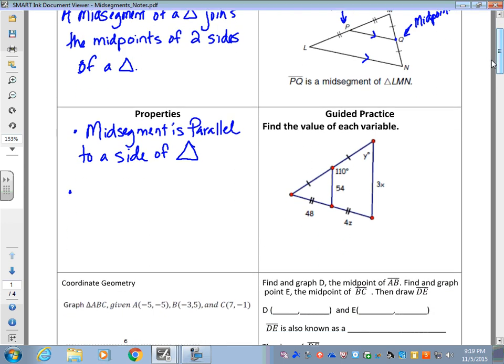Okay. And then another property, which is probably the one we're going to apply the most, is that its length, when I'm talking about a midsegment, its length is going to be half the parallel side.